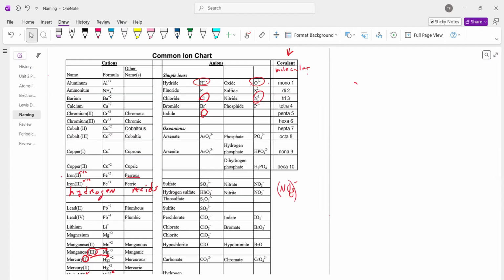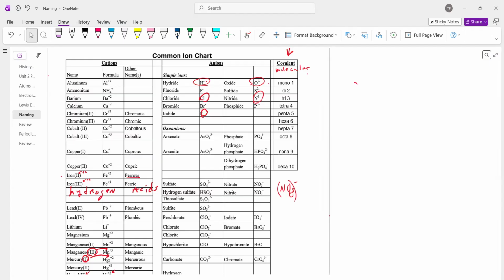One is over here on the far right, it says covalent, and then under it says molecular. You'll see the non-ionic naming conventions as covalent or molecular. Your dry lab calls it molecular, and your textbook calls it molecular also, but it's commonly called covalent, non-ionic.